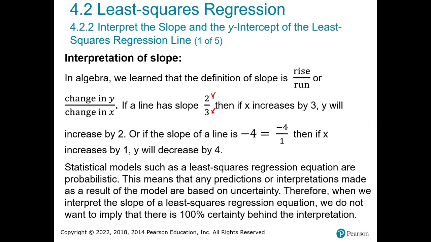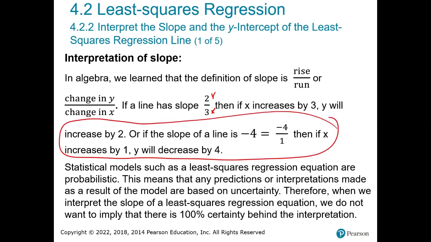If the slope was -4, the fraction would be -4/1. So when x goes up by 1, y decreases by 4. When we create these linear regression lines, everything is based on this: x is increasing by 1, how is y going to change?